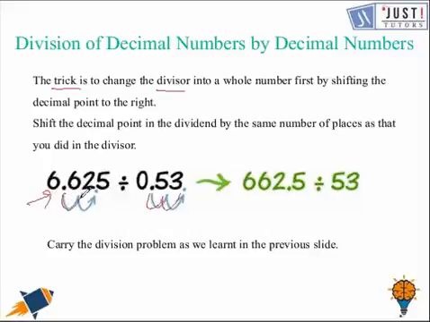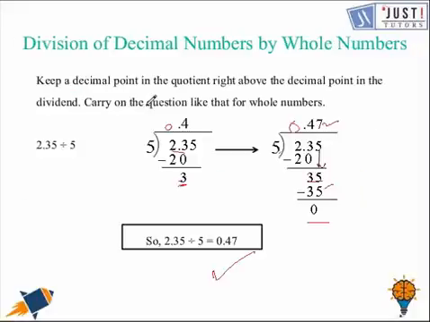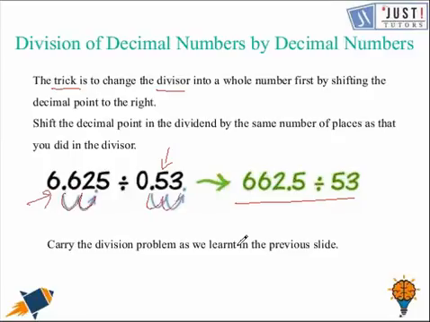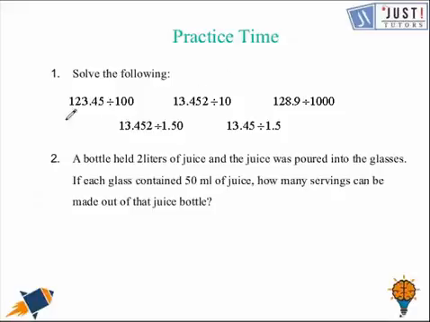We need to again shift the decimal 2 places to the right because we've done this for the divisor. And hence the question becomes 662.5 divided by 53. And then you can carry on the question like this. So the answer for this question would be 12.5.